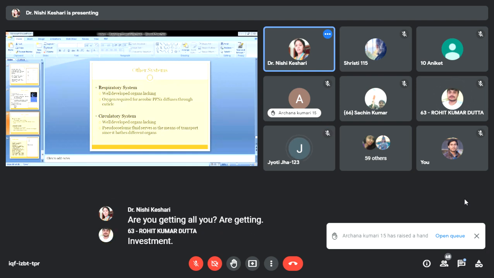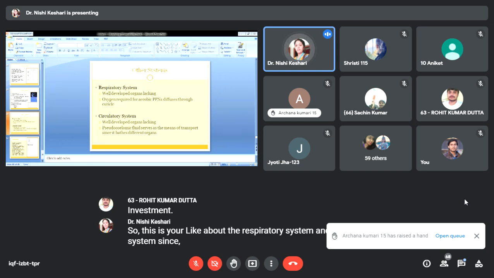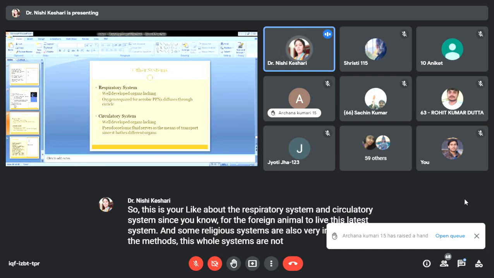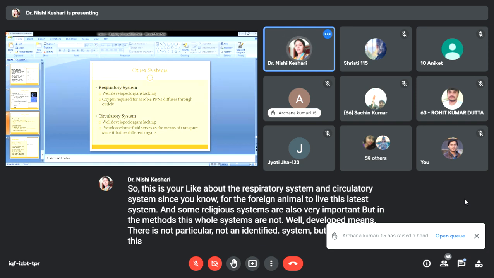Okay. So this is about the respiratory system and circulatory system. Since you know for an animal to live, respiratory and circulatory systems are also very important. But in nematodes, these systems are not well developed. It means there is no particular identified system, but the functions of the systems are done by other organs.